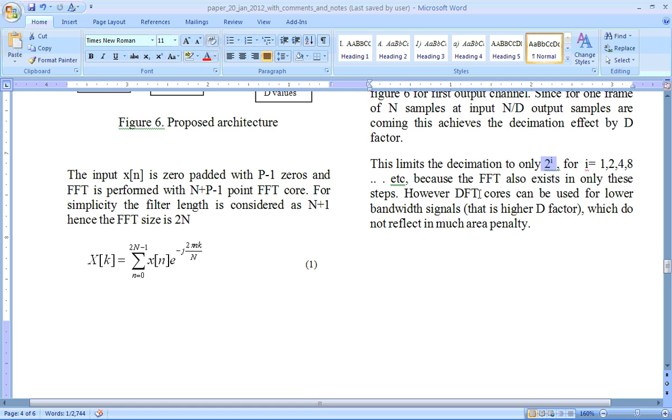But we told one remedy for it. The DFT core can be used for lower bandwidth signals, that is, higher D factor, which does not affect the area much.